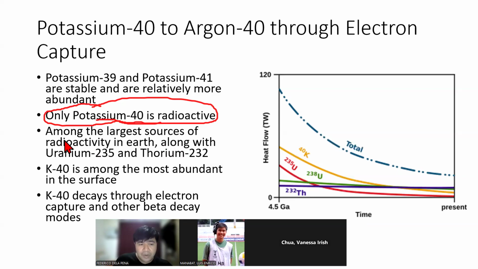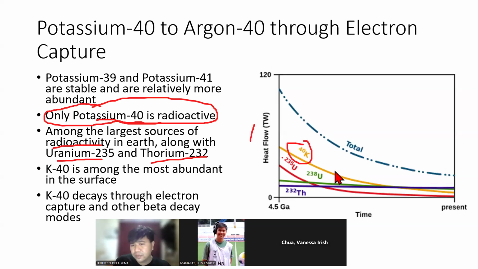Anyway, the largest sources of background radioactivity in the Earth usually come from uranium-235 and thorium-232, and you also have potassium 40.